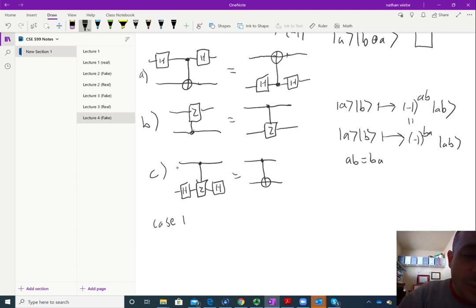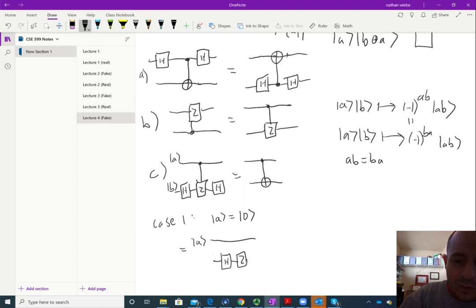Case 1. Let's say there's A and B coming in here. Case 1, A equals 0. Well, if A equals 0, then this circuit is equivalent for that input to the circuit where there's no control whatsoever, or, sorry, nothing's there, because that gate doesn't fire if this is 0.